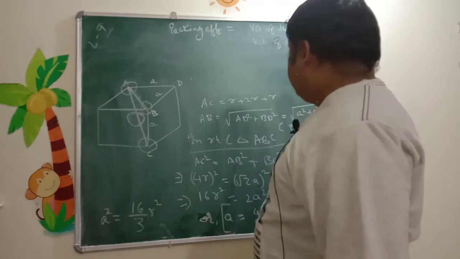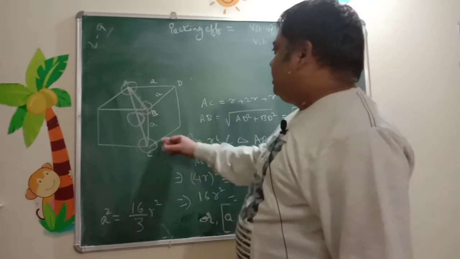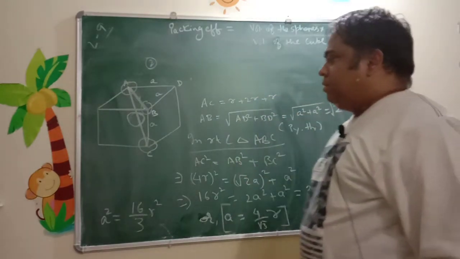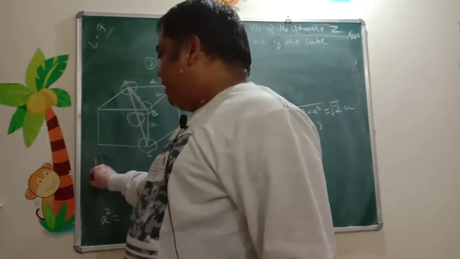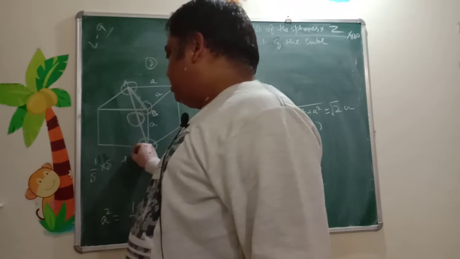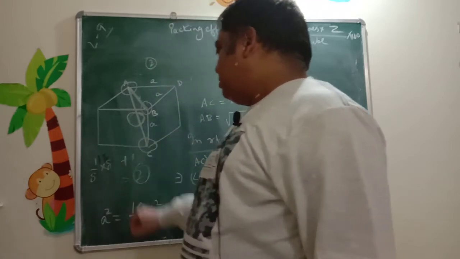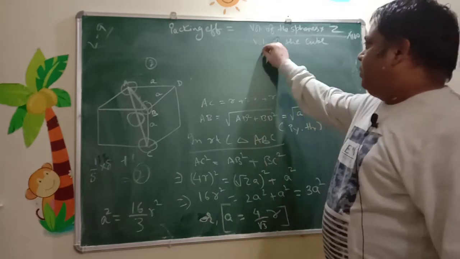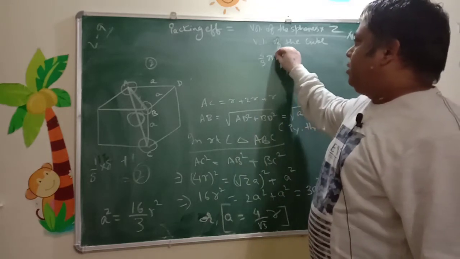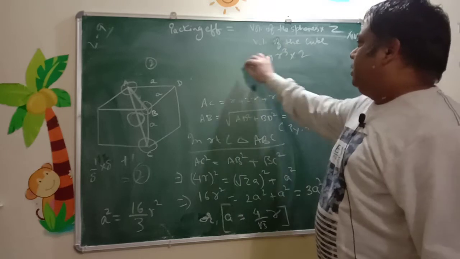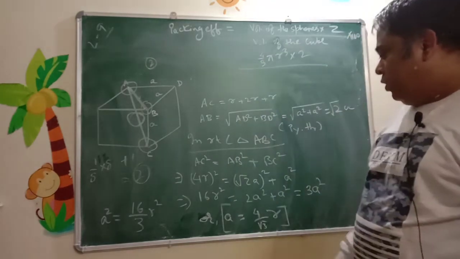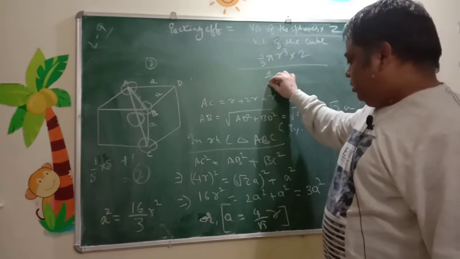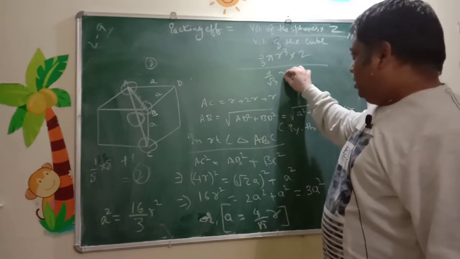This will be equal to, in BCC there are two particles, because one in body center and 1 by 8 in 8 corners. So it will be equal to 4 by 3 pi r cube into 2 divided by cube of this a, so 4 by root 3 r cube.